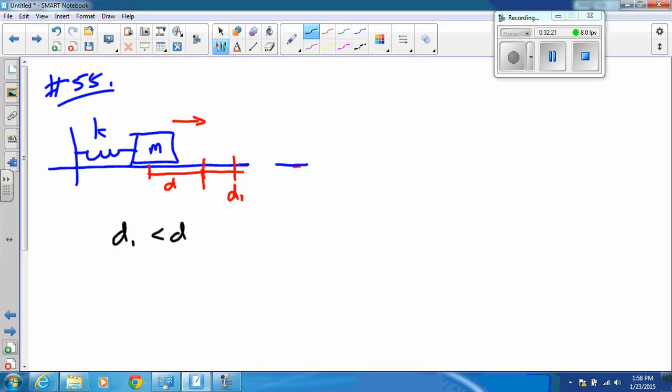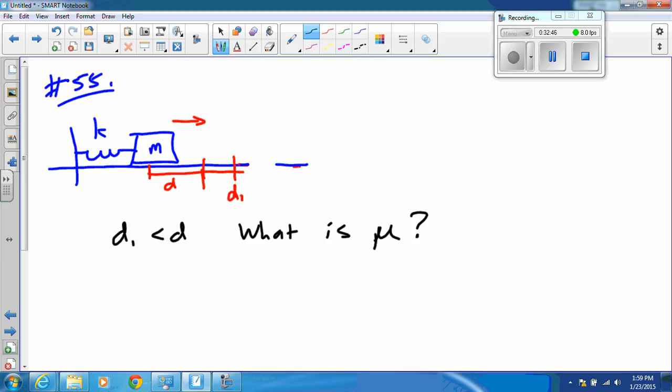And now they ask the question, what is the coefficient of friction between the table and the block? Notice that this is a really good example of a question that we could possibly encounter in real life. You can picture a block that's maybe part of a toy or something, and you squish it and let it go.